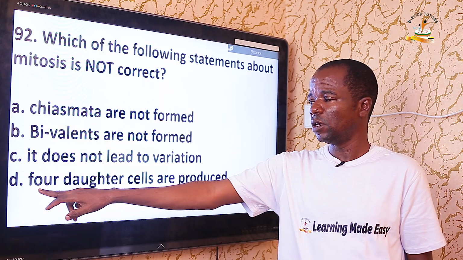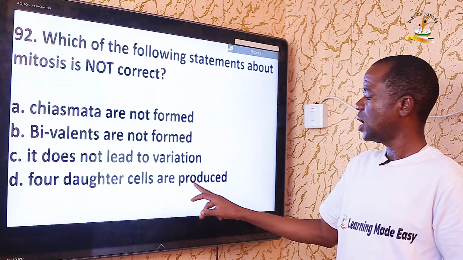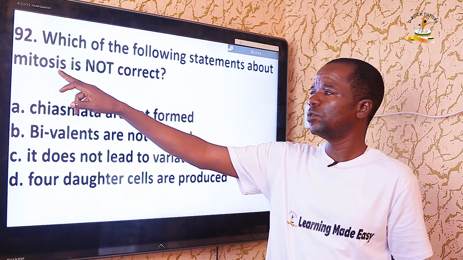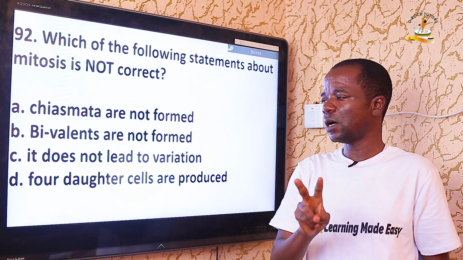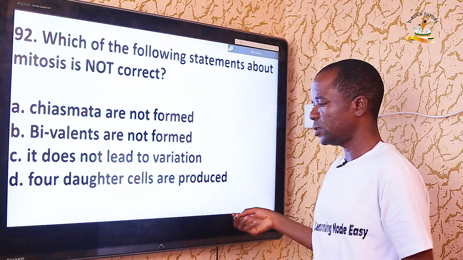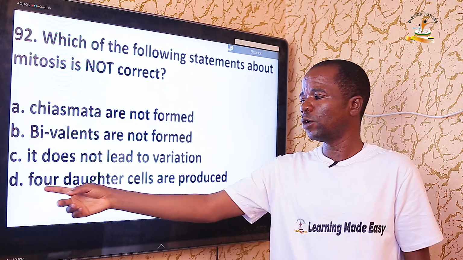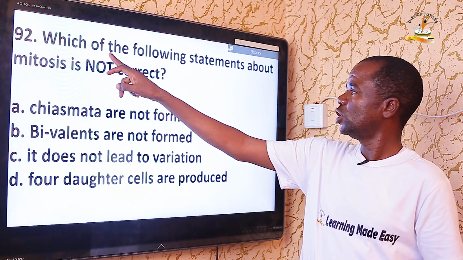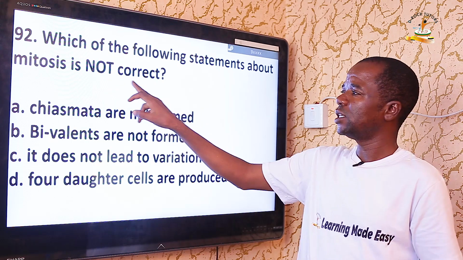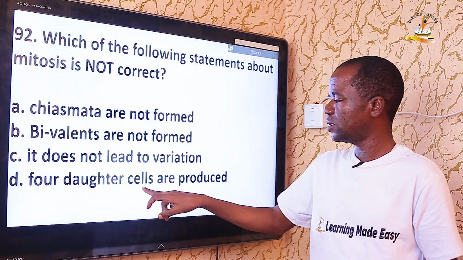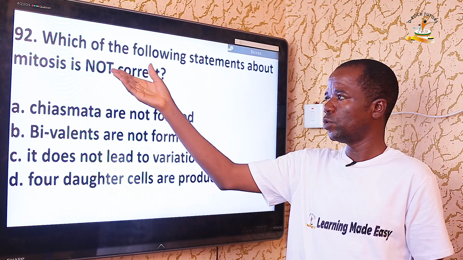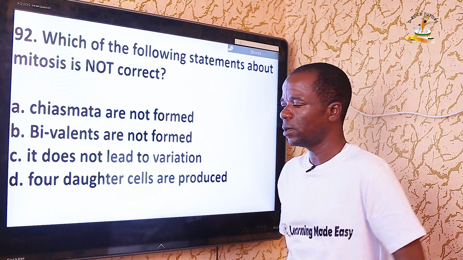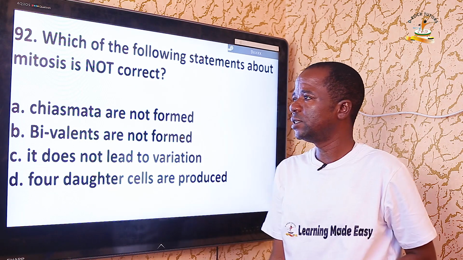And the correct answer is D. 4 daughter cells are produced. We know that during mitosis, only 2 daughter cells are produced, not 4. It is only in meiosis that 4 daughter cells are produced. So the statement that is not correct about mitosis is that 4 daughter cells are produced. Only 2 daughter cells are produced. So the correct answer is D.